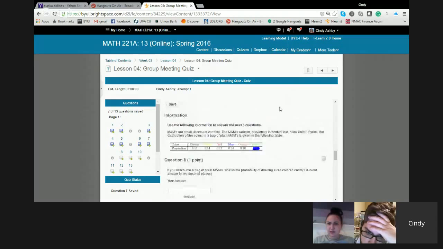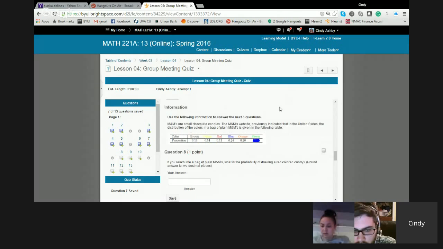Question 8. If you reach into a bag of plain M&Ms, what is the probability of drawing a red one first?